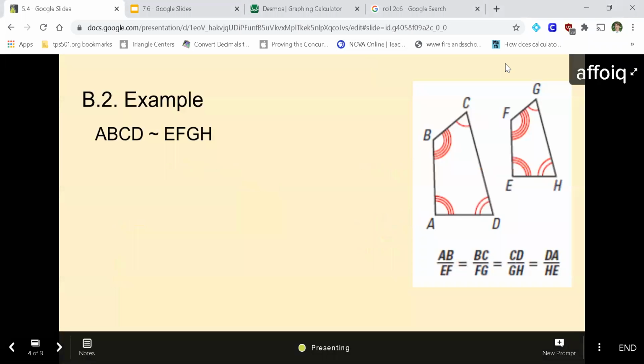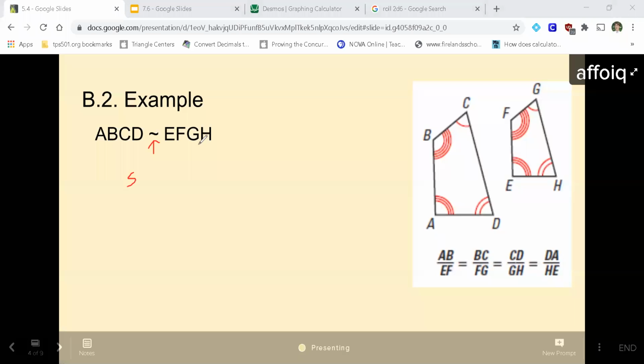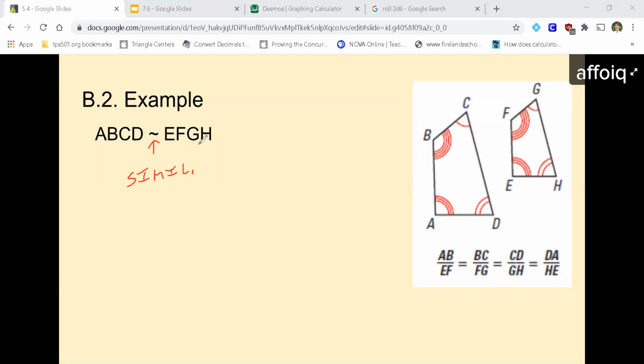So for example, ABCD here is similar to EFGH. Again, note that we have a new notation now. It's this tilde, and it means similar to. As you can see, all of the angles between these two quadrilaterals are congruent, and all of these sides are proportional.